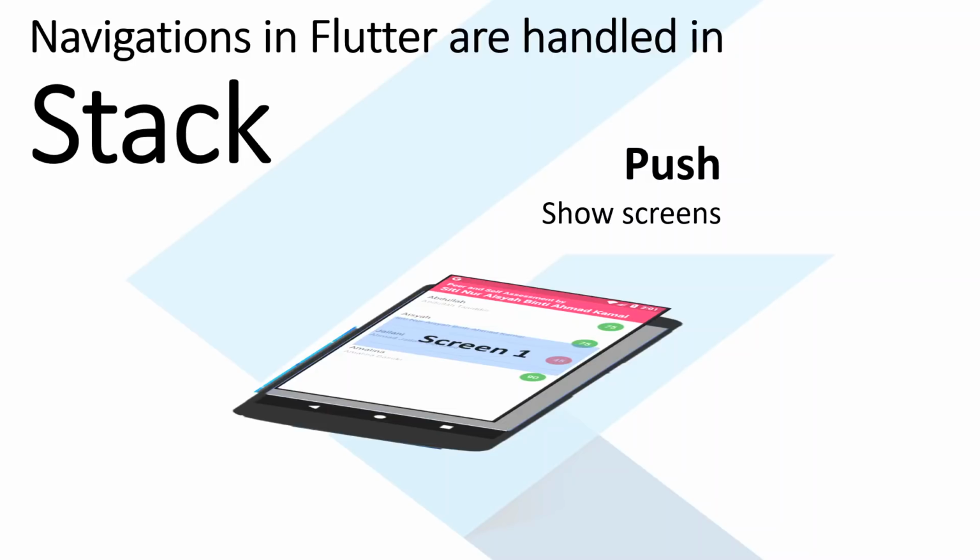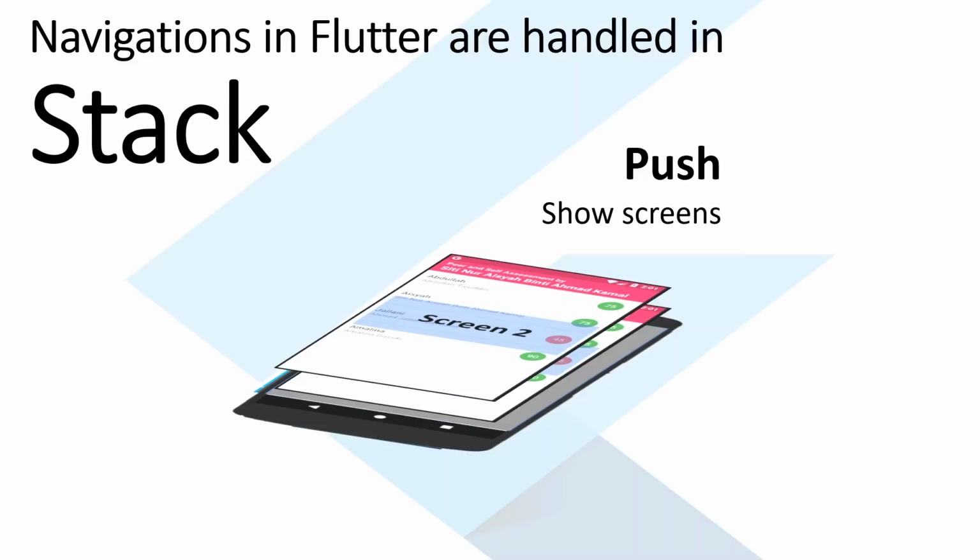Okay, and then let's say currently we are showing screen number 1. That means screen number 1 has been pushed to the stack, and then from screen number 1, let's say the user presses another button, and then it will bring the next screen. Okay, screen number 2, and this happens by pushing a new screen widget.